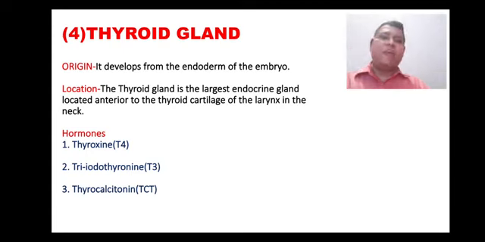Thyrocalcitonin, or calcitonin, is secreted when the calcium level is high in the blood. It then lowers the calcium level by suppressing the release of calcium ions from the bones. Calcitonin is a peptide which contains 32 amino acids.